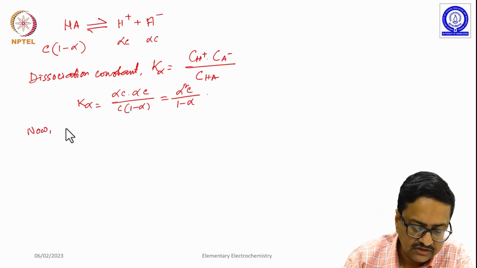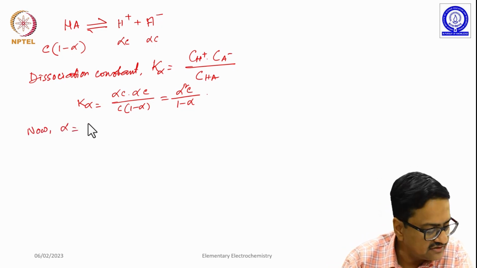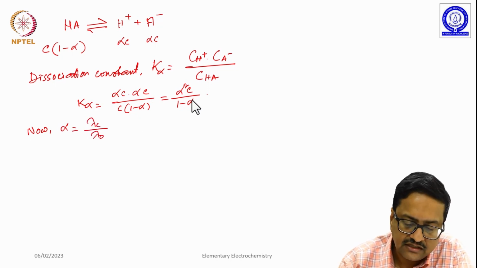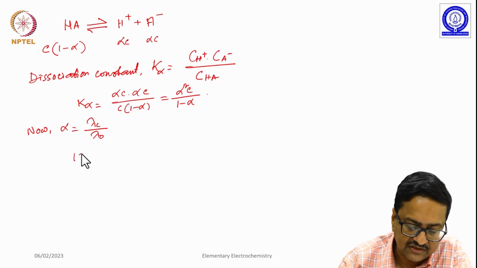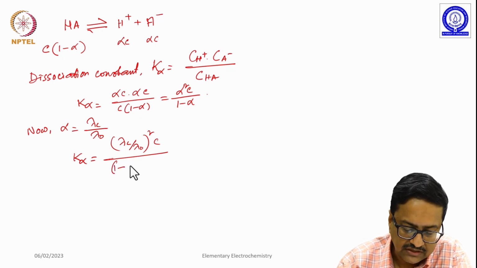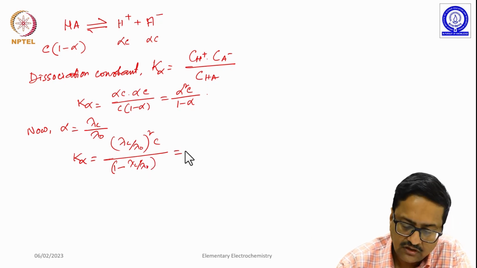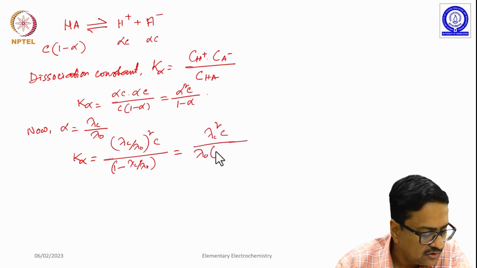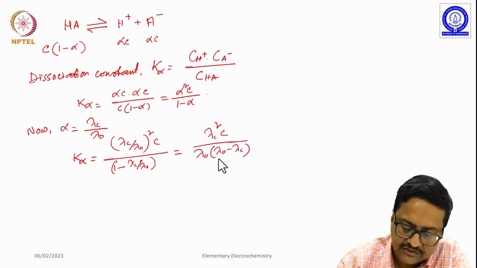Now, in the previous slide we have learned that alpha is equal to lambda C by lambda 0. So when you replace alpha by lambda C by lambda 0, you get K alpha equal to (lambda C by lambda 0) square C divided by 1 minus lambda C by lambda 0, or by simplification lambda C square C divided by lambda 0 into (lambda 0 minus lambda C).